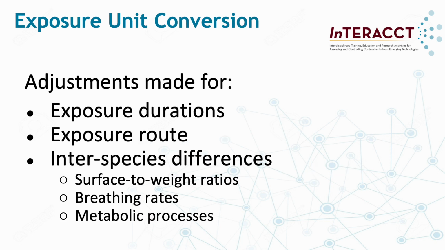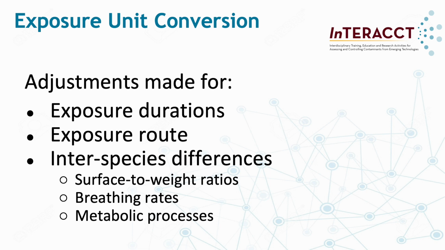After the extrapolation, the dose may need to be converted into units relevant to an OEL. For example, many OELs are 8-hour time-weighted average chemical concentrations in air. But the point of departure may have involved chemical ingestion rather than inhalation, or may have involved a mouse instead of a person. Adjustments that are often made for exposure unit conversion include accounting for exposure durations.